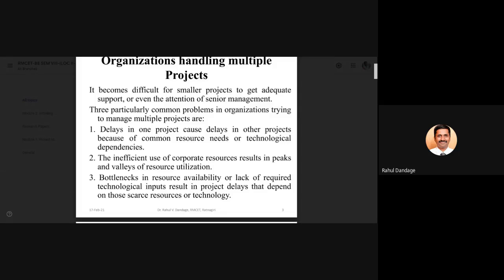So sometimes if resources are not managed properly, if there is no proper resource allocation and planning done for multiple projects, then it may happen that sometimes they are used to a very great extent, and sometimes they are simply idle. So if you go for a usage analysis of the resources available, you may find that there are peaks and valleys.